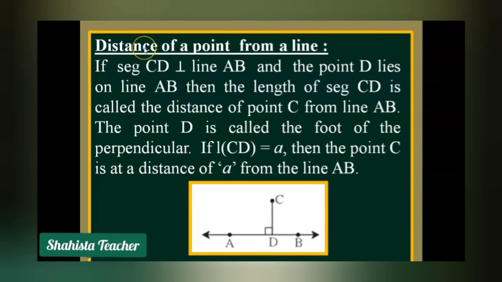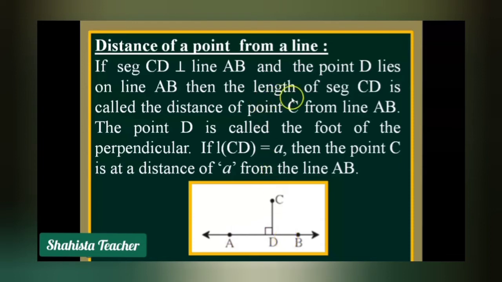Now students, let's learn distance of a point from a line. If segment CD is perpendicular to line AB, see this, segment CD is perpendicular to line AB, then the point D lies on AB. Okay, line between AB. So then this point D is the midpoint of segment AB.